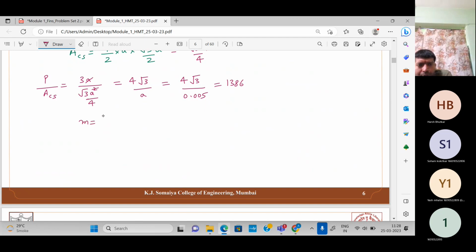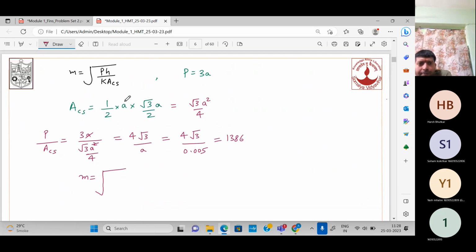m is equal to root of (hP by kA). This P by A we have already calculated, so we have to put the value of h. What is h? Ours is 90, divided by thermal conductivity, which is given as 54, multiplied by P divided by cross sectional area, so it is 1386.